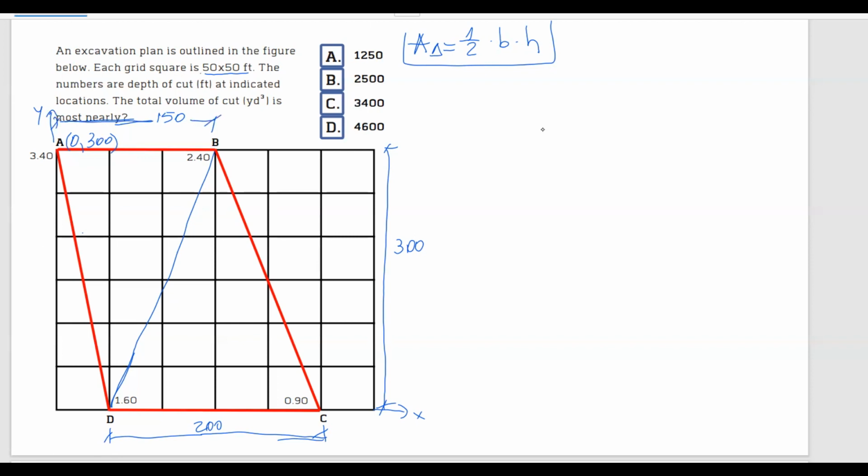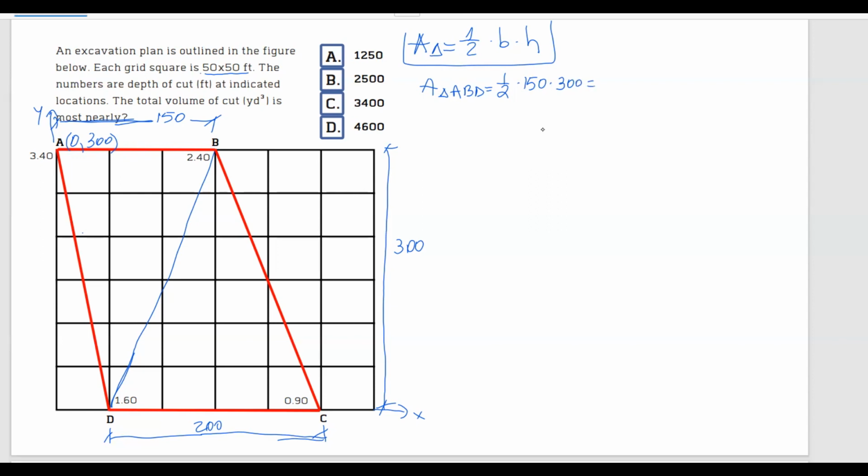So let's go ahead and calculate this. The area of the first triangle ABD is equal to 1 over 2 multiplied by B, which is 150, multiplied by H, which is 300.